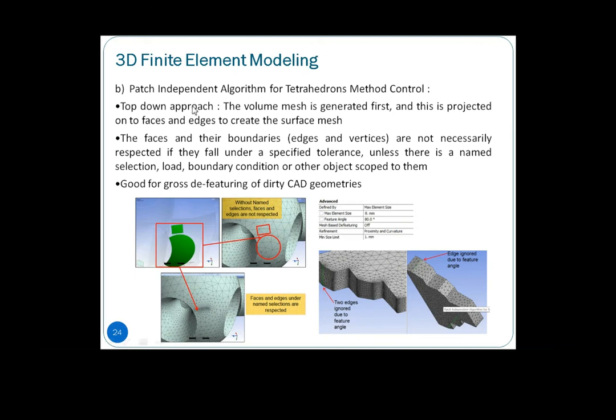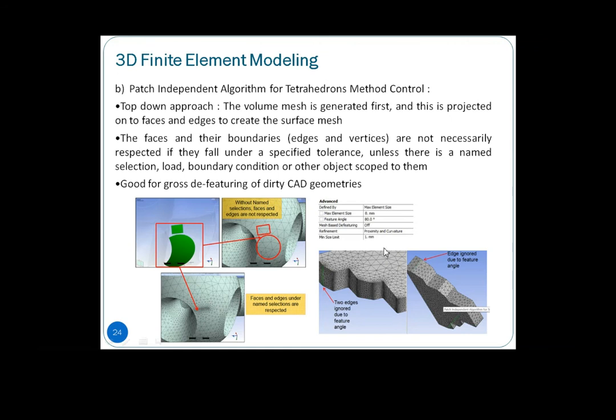If you manually assign, this is face one, this is face two, and I want more details on these two faces, then the edges itself will be more refined. If you name it, then it will basically do like what you see in patch conforming.